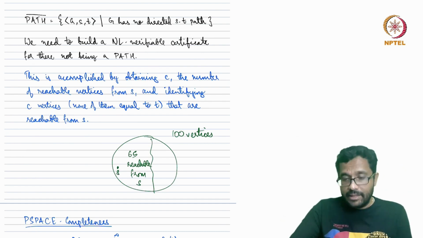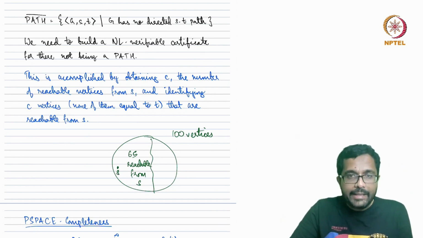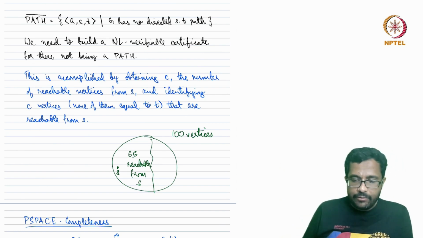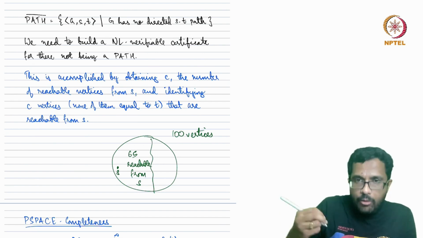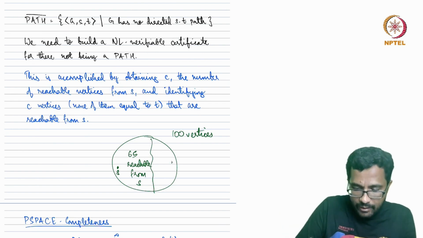So you first determine this number 65, and then you guess each of these 65 vertices and verify that each of these 65 vertices is indeed reachable, and also ensure that none of them is T.